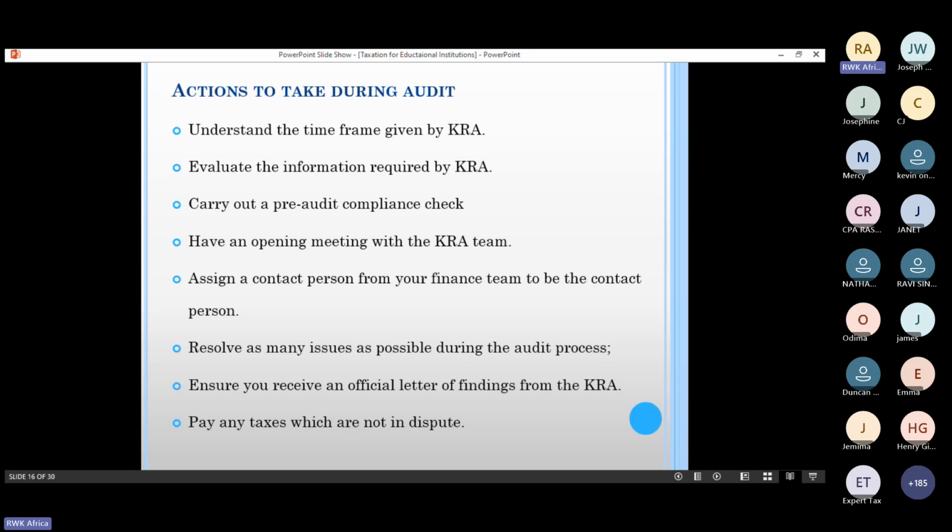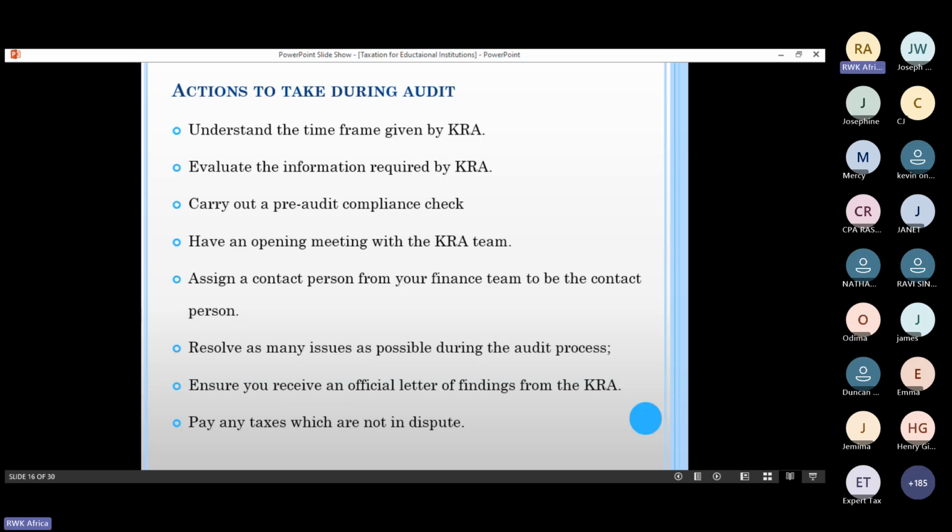Not everyone should be responding to KRA on their audit queries. So ensure employee A is the person who will be in contact with KRA. Any email sent from KRA, that is the person who will be responding. Any document requested, that is the person who will be in charge, not just everybody, to avoid giving out different information.